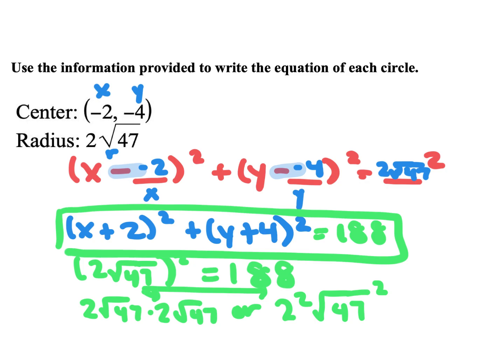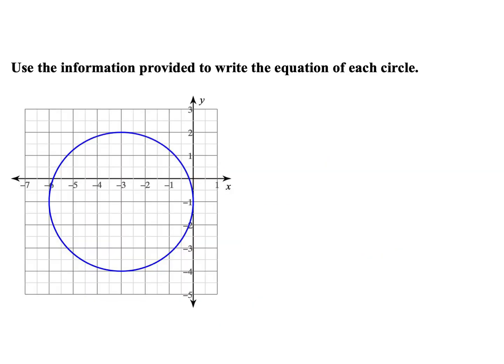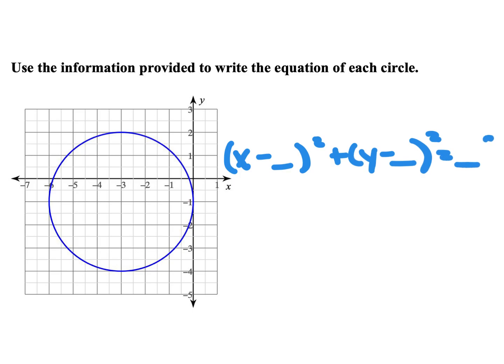Now in the next example, I'm going to write the equation given what I have in standard form. So it's x minus the blank squared plus y minus the blank squared equals the radius squared. And what I can do is look to identify a couple of diameters, vertically and horizontally, going straight across the circle. I can see that I have these two diameters that go directly across and intersect at the center point.